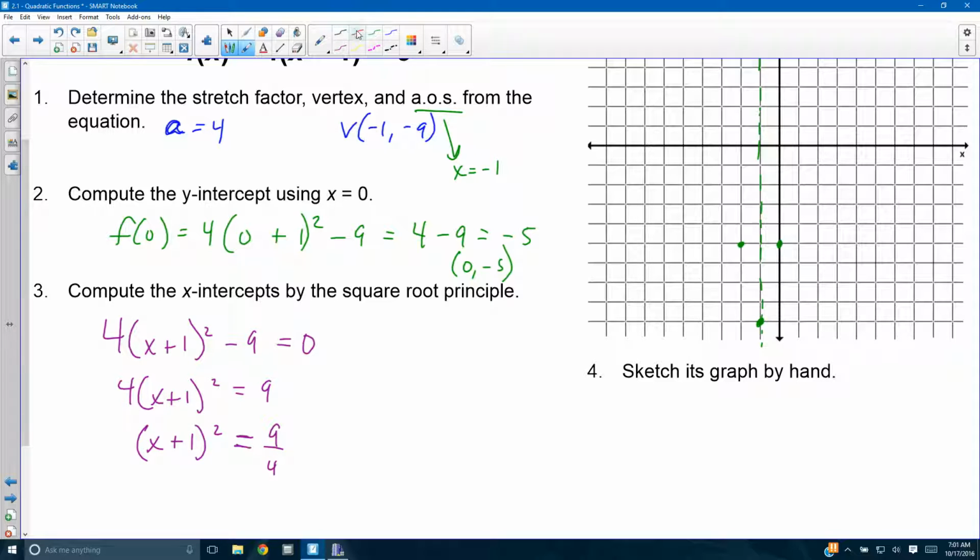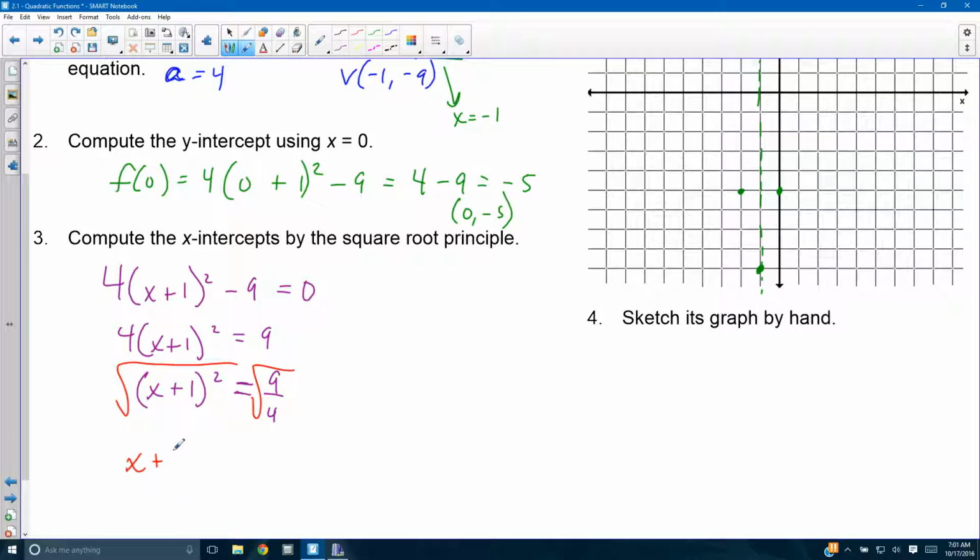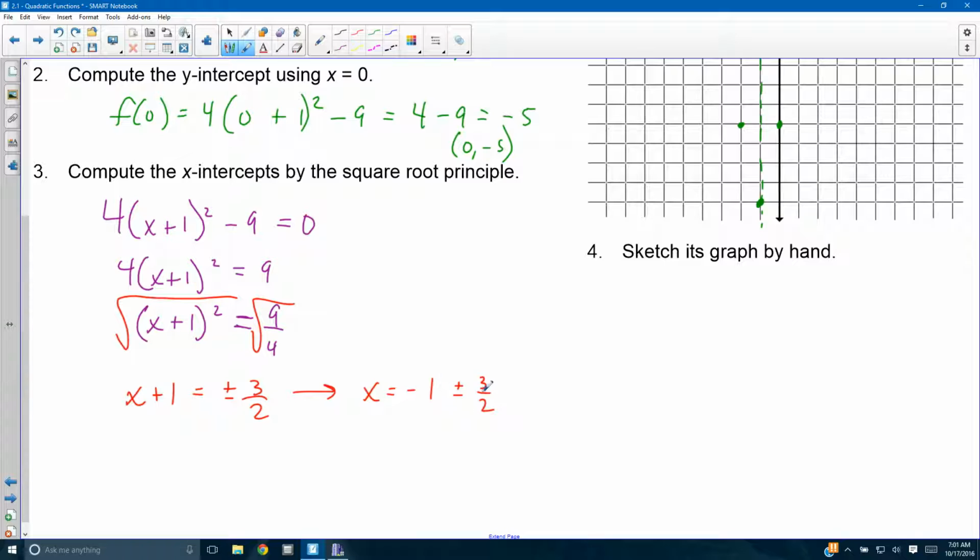If I take the square root of both sides, I'm going to get x plus 1 on the left side. But on the right side, I'm going to get plus or minus, check this out, square root of 9 is 3, square root of 4 is 2. 3 over 2. Hey, not too bad. Subtract 1, I'll get x equals -1 plus or minus 3 over 2. And look, that can be cleaned up a little bit. You can even write 3 over 2 as a decimal if you'd like.